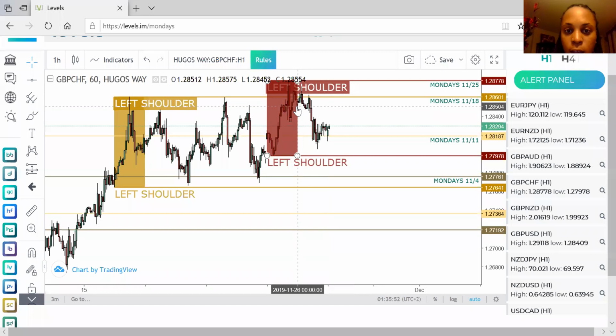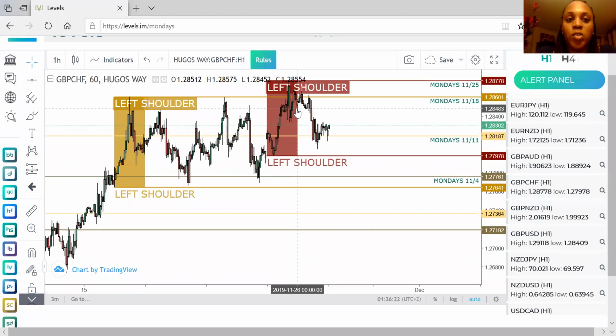So once we get the market coming back inside, the head, let me explain it for you in simple terms. You need a solid body candle closing back within Monday's region, right? Once you get a solid body candle closing within Monday's region, you then do your sell limit, but it has to meet your confirmations for the head.